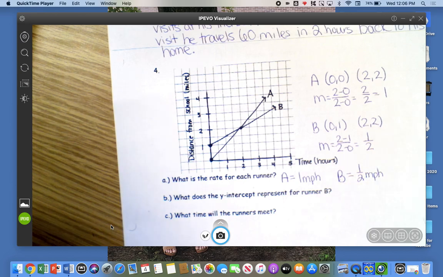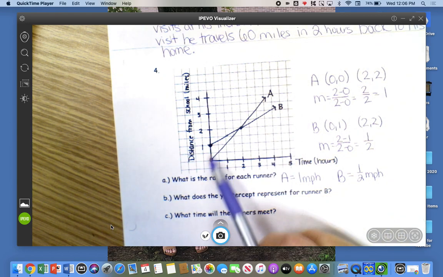1/2 mile per hour. So if you have half a mile per hour, that's definitely some slow running, but it's just hypothetical measurements. All right, so the y-intercept for runner B. Runner B does not start at 0.